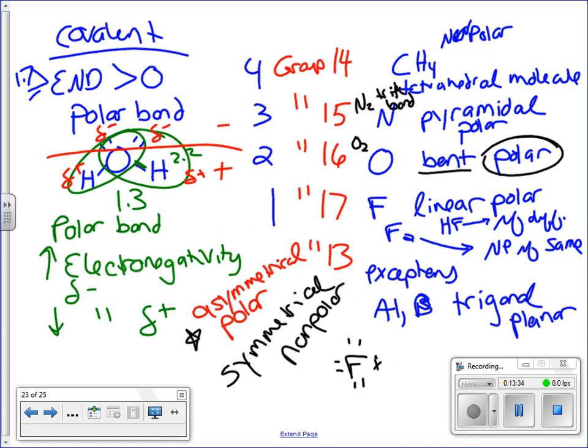Here is a case with lone pairs where it's nonpolar. This is nonpolar because it's the same, okay? It's perfectly symmetrical. However, if it has lone pairs like NH3, like ammonia, it's going to be polar. All right, great.